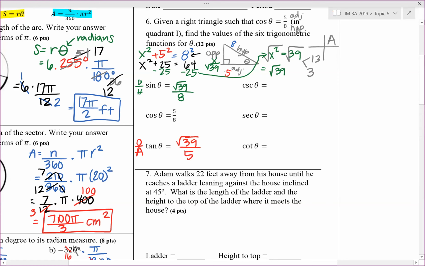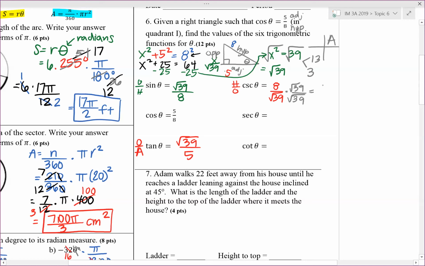For cosecant, secant, and cotangent, they're across from their reciprocals. So what will help you when you're doing the test is I just flipped these. So cosecant is h over o, so that means that it's 8 over the square root of 39. And since I cannot have a square root in the denominator, I do have to rationalize this one by multiplying by radical 39.